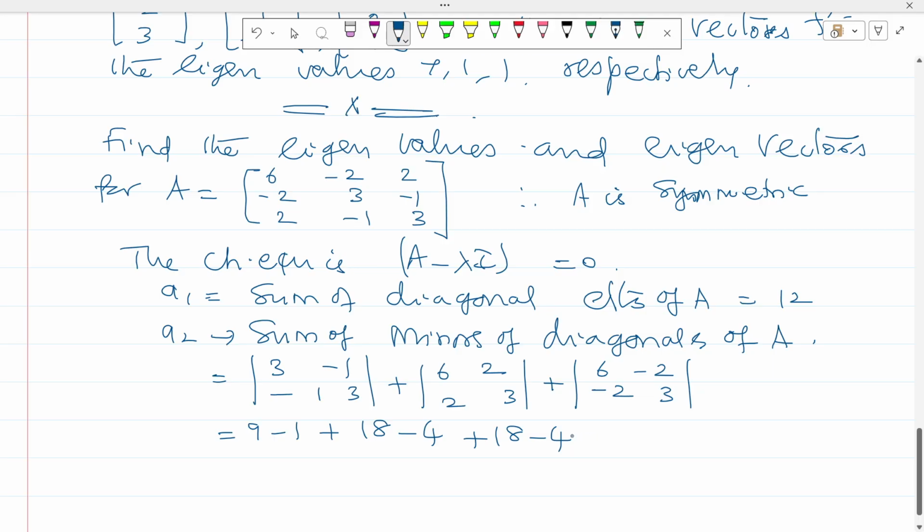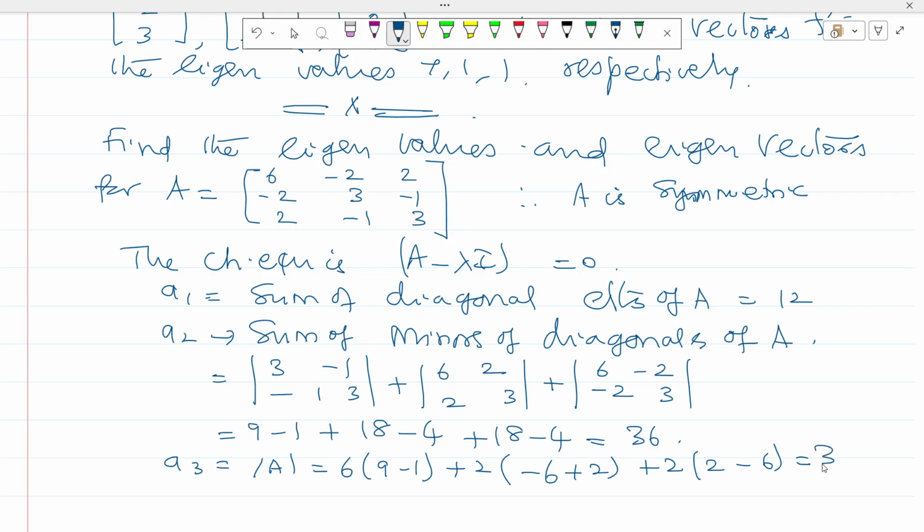So that value is 36, and then A3 is the determinant of A. This determinant of A is, see here, 6 into 9 minus 1, plus 2 into minus 6 plus 2, plus 2 into 2 minus 6. That value is 32, you can calculate.